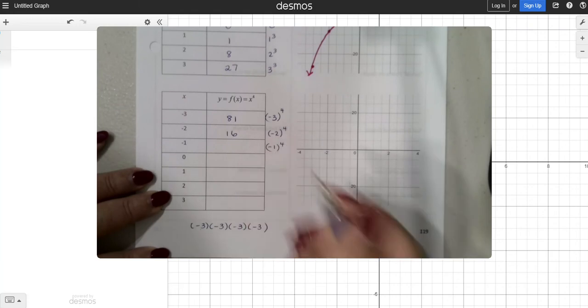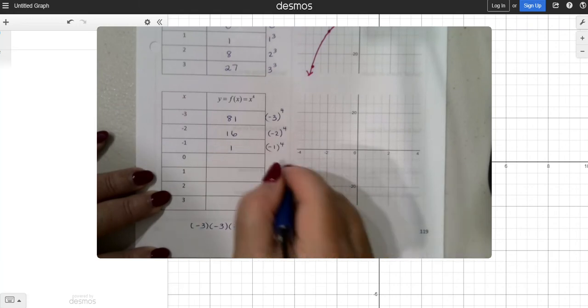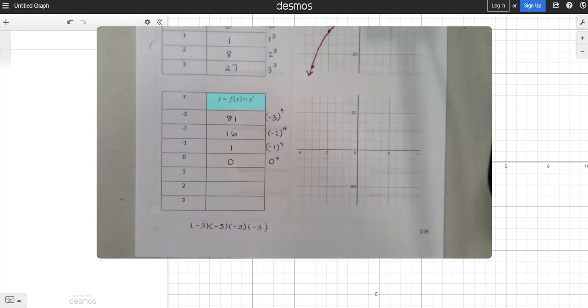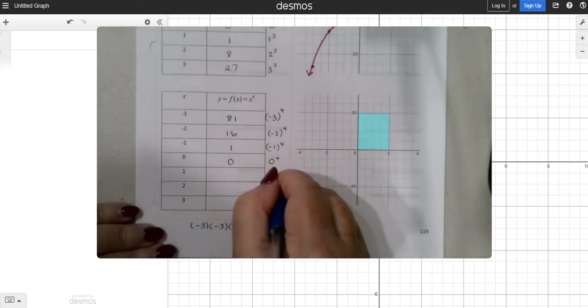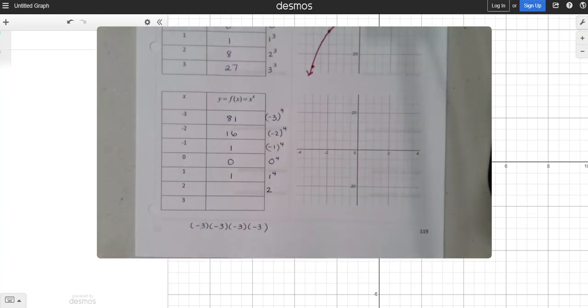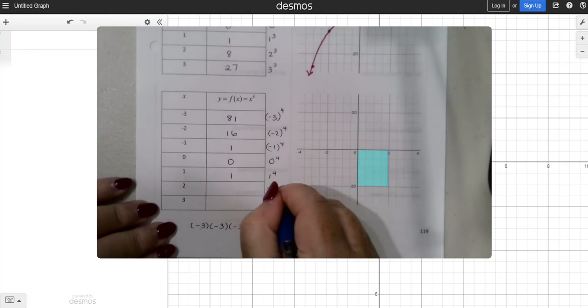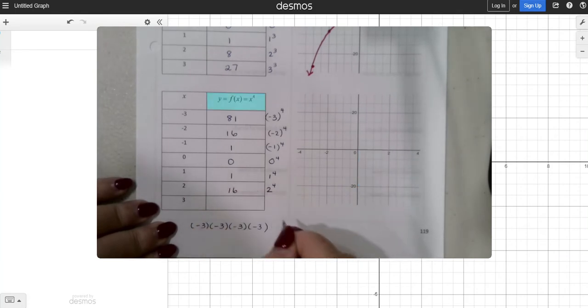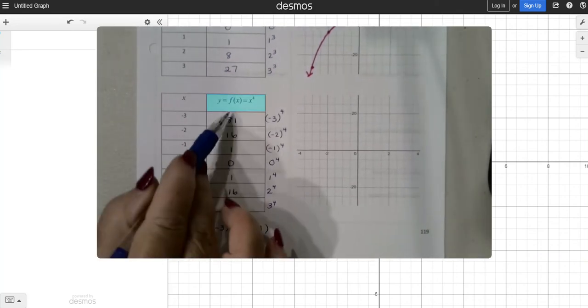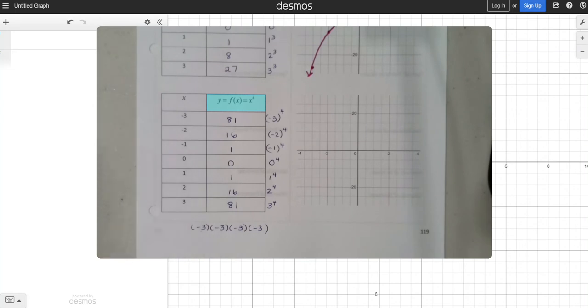Negative 1 to the fourth power will be a positive 1. 0 to the fourth power is still 0. 1 to the fourth is 1. 2 to the fourth is 16. And 3 to the fourth would be 81. Now, obviously the y values for the negative 3 and the positive 3 are really large. They're not going to fit in the graph I gave us.